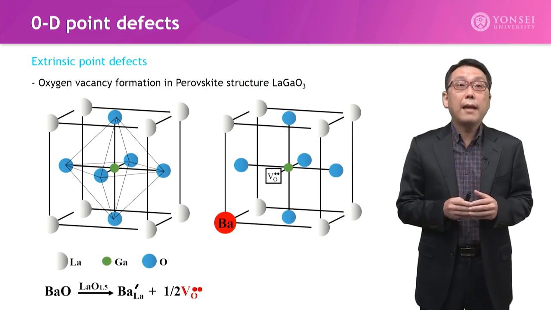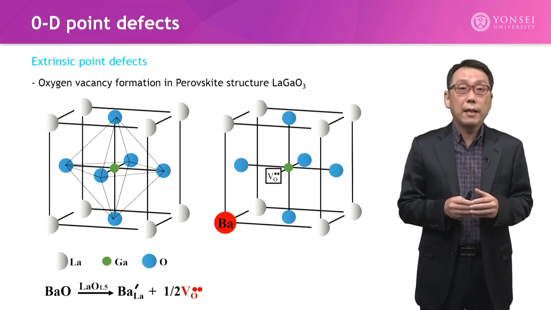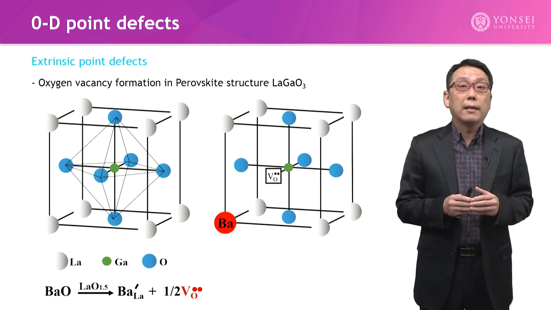Let's think again about the oxygen vacancy formation in the perovskite structure lanthanum gallium oxide. The left side figure shows the lattice structure of lanthanum gallium oxide. You can find 8 lanthanum atoms at the corners of the unit cell, and 1 gallium ion is located at the center of the unit cell.